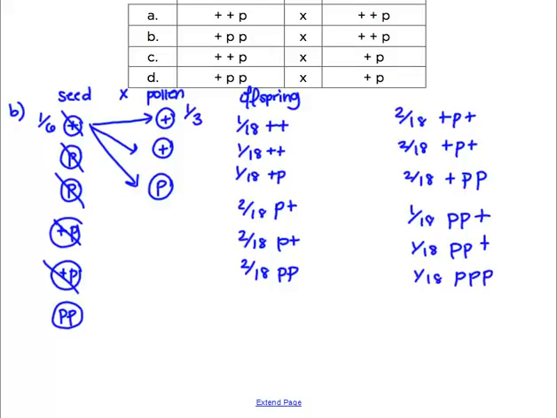So again, let's run through and look at the phenotypes. Any offspring with a plus chromosome are going to be red. Okay, this one will be pink. I'll circle them. Red.